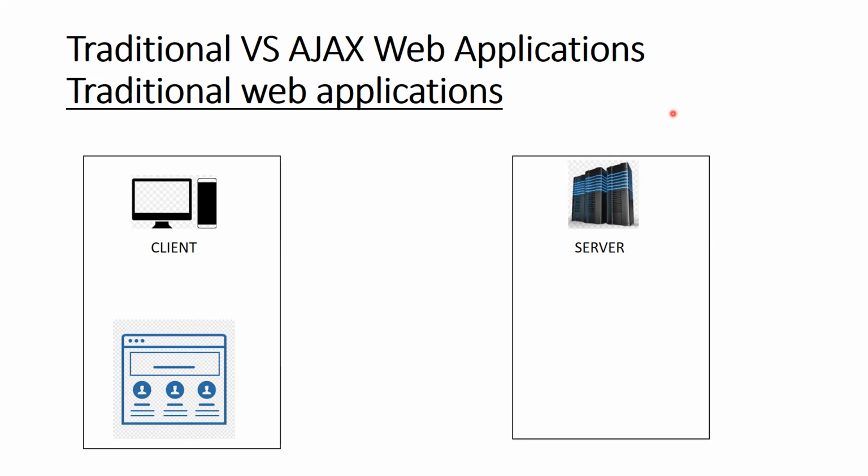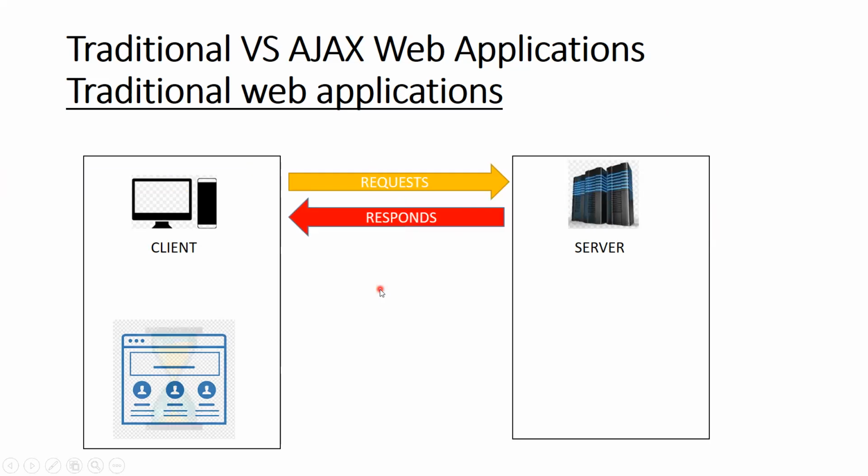Okay. Now, in a static website, what happens is that you have a client, you have a server, and let's say you have a website. So in it, your client basically requests for the information and the server responds. And it goes and refreshes the entire web page in a traditional web application. Let's say again, you have a client which requests for information and then the server will respond.